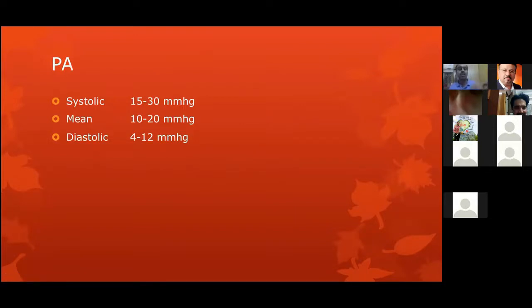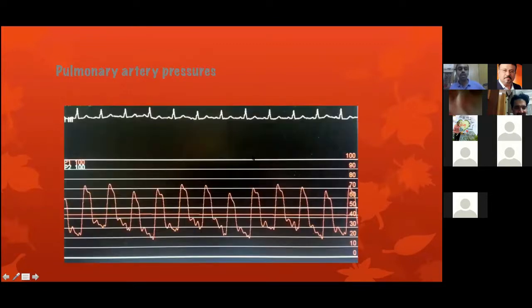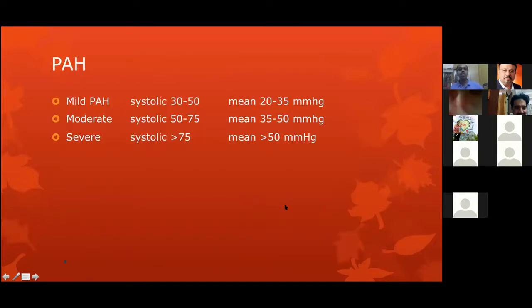Now we have completed the ventricular and diastolic pressure. We are going into pulmonary artery pressures. Pulmonary artery systolic pressure on an average is between 15 to 30 and diastolic is between 4 to 12. So this is a pressure trace of a pulmonary artery which is showing systolic pressure of 65 to 70 millimeters of mercury, diastolic pressure of around 20 millimeters with a mean of 45. So there is moderate pulmonary artery hypertension.